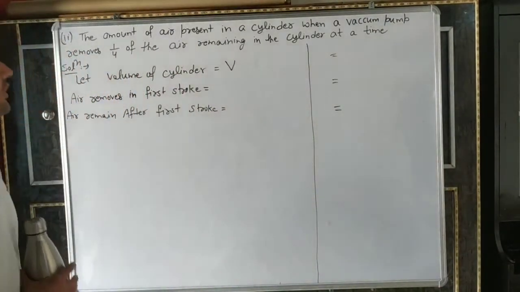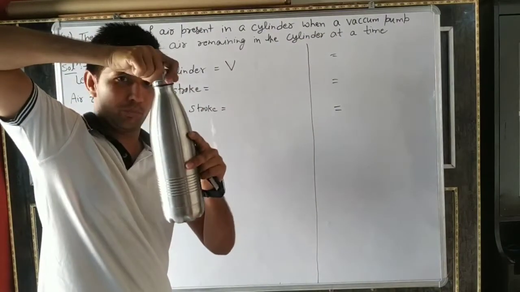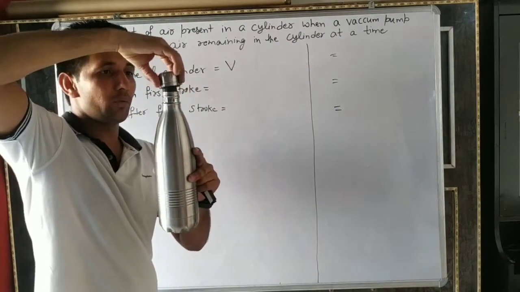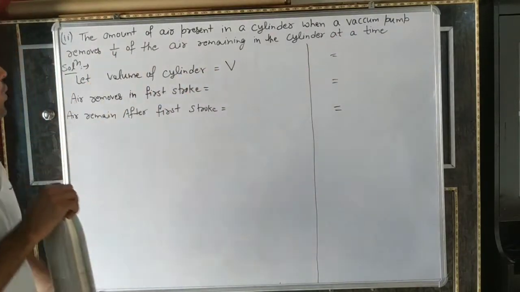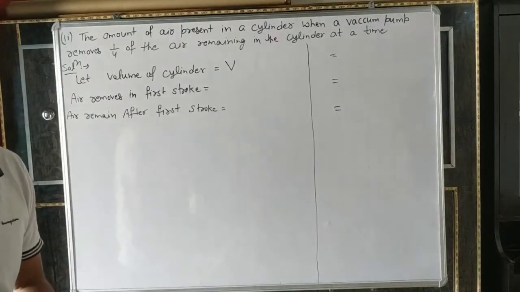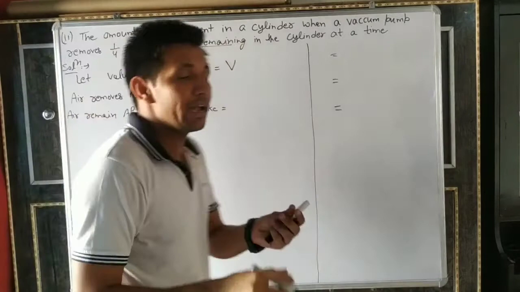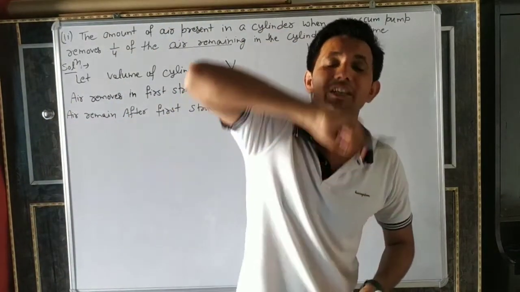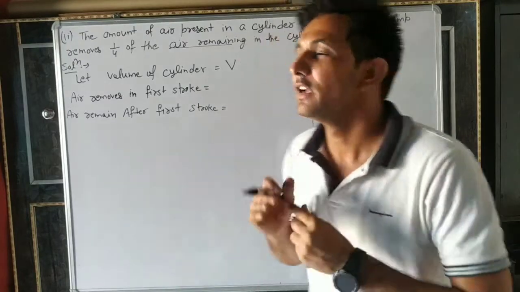But in the question it is given that there is a vacuum pump. When the vacuum pump removes 1/4 of the air remaining in the cylinder, every time how much does the vacuum pump remove? 1/4 of the remaining.